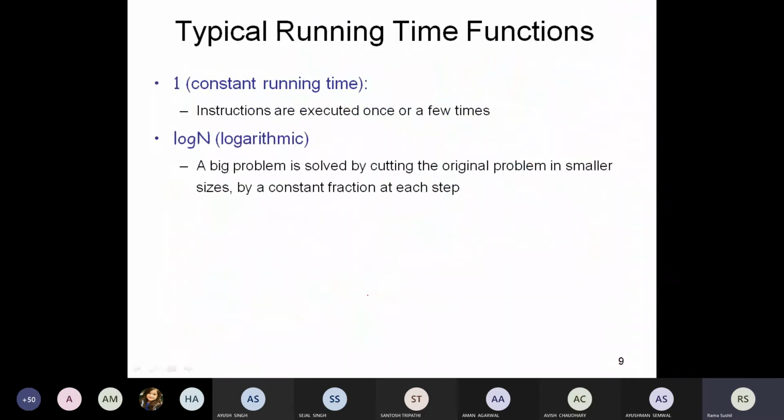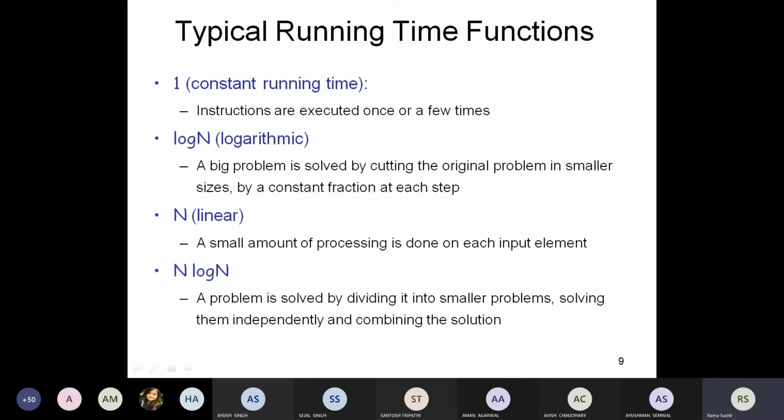Okay, so typical running times, more extension for all this. Constant running time: instructions are executed once or a few times, exactly fixed time. It's basically the fixed time, constant time, fixed time. Log n, or this is logarithmic. Now you see here, whenever you have a big problem which is solved by cutting the original problem into smaller sizes, just consider it a key point which will help you further for other discussions when we discuss divide and conquer.